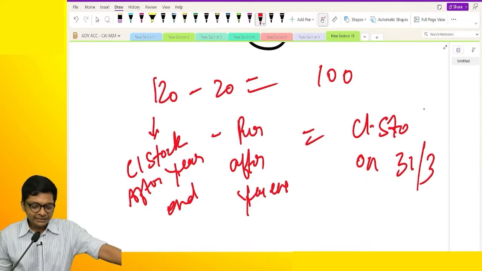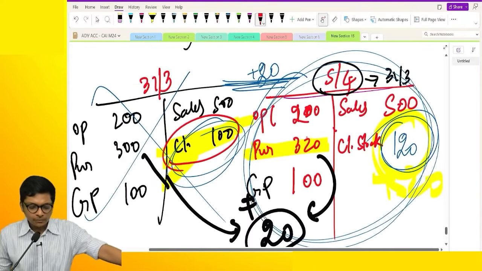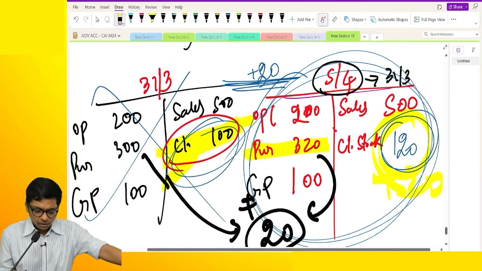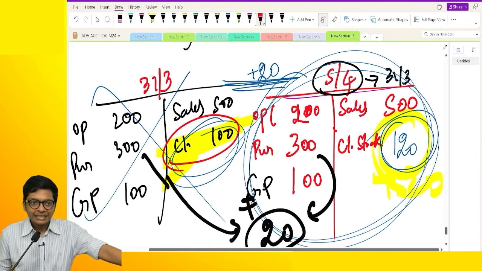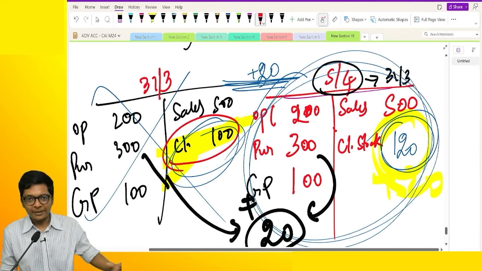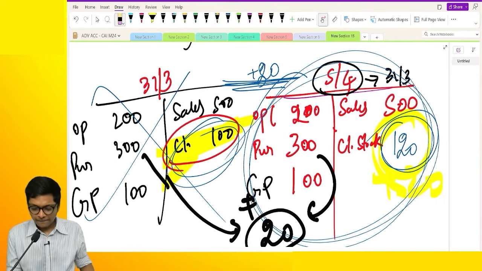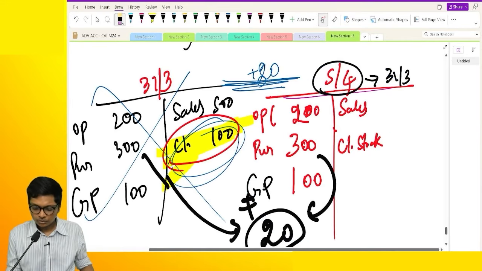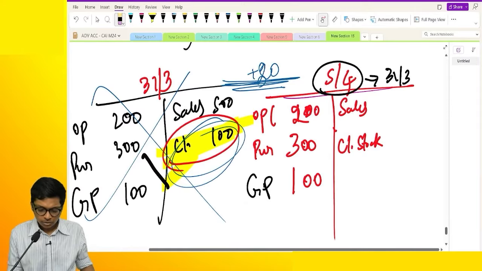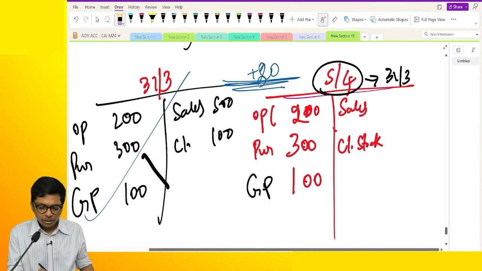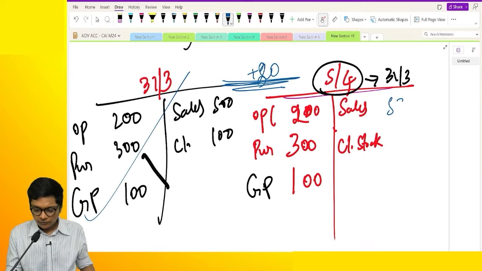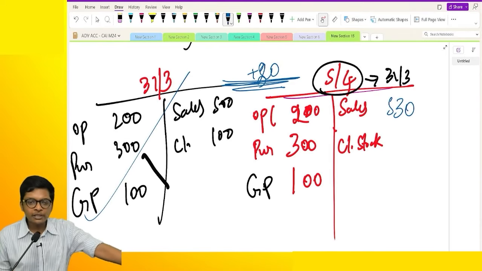Now follow, guys. What if in this sum purchase remains the same at 300, but sales, everything else remaining the same, sales has become 530? Possible?